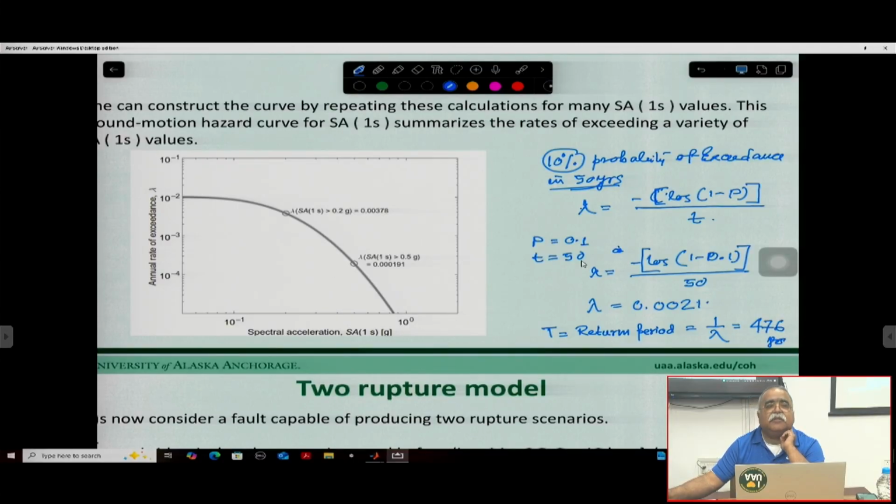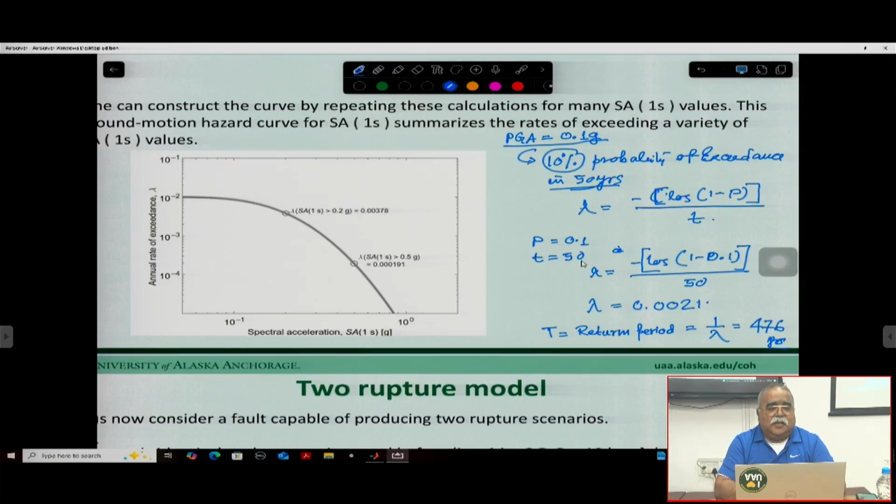So 476 years. If it is a 10% probability of exceedance in 50 years, that means, suppose the peak ground acceleration at some place is given as 0.1 g, with 10% probability of exceedance in 50 years.